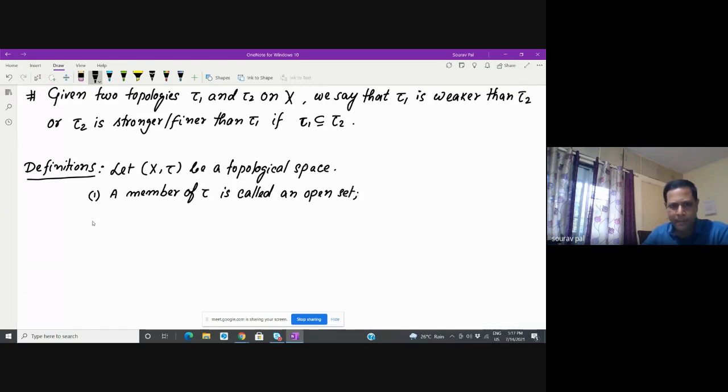Number two, what is a closed set? A closed set is the complement of an open set. A closed set in (X, tau) is the complement of an open set.